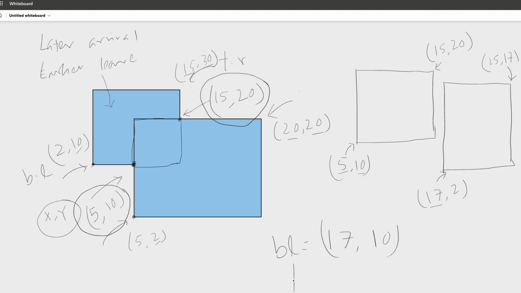And what about the top right? Between 15 and 25, whichever is smaller, 15. Between 20 and 17, whichever is smaller, 17. We can see visually that there is no overlap, but how will the computer understand this?